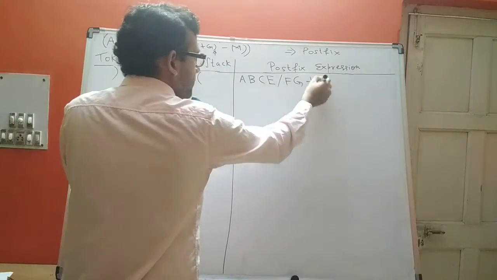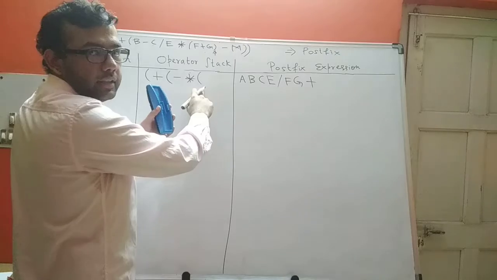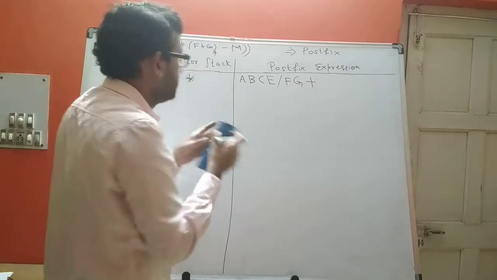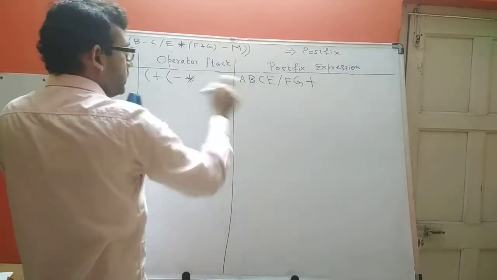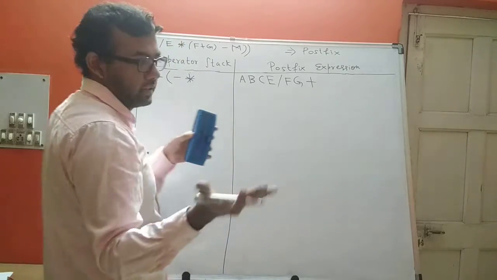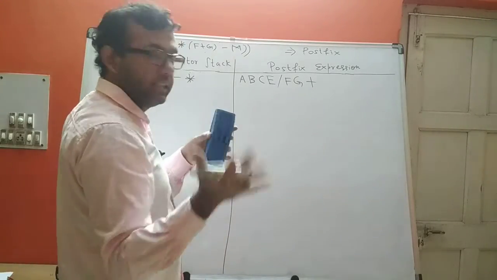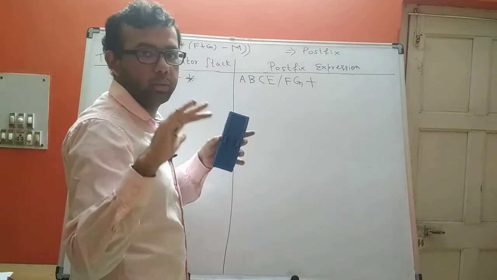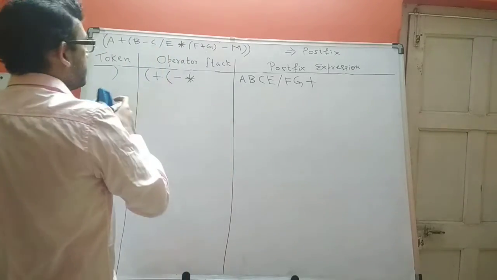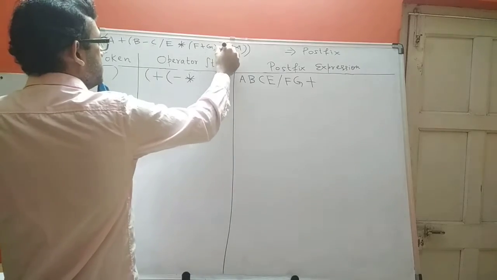Now I encounter an opening parentheses, so I pop it from the stack, but I won't add it to the output. This is why you don't get parentheses in your postfix expressions. And you don't need it as such because parentheses are not required in order to decide the precedence of operators in postfix expression.